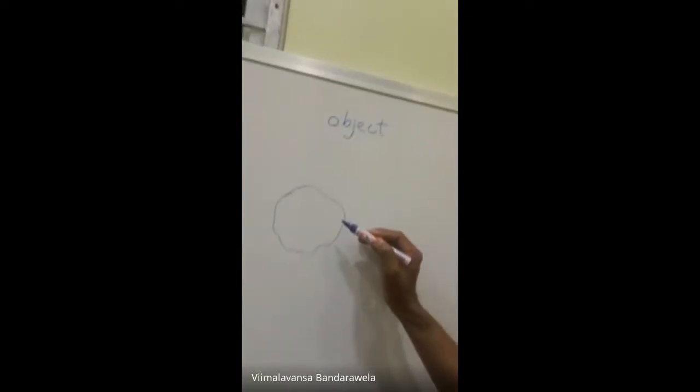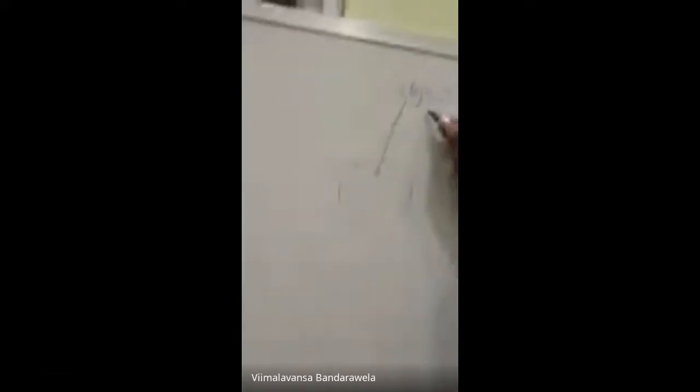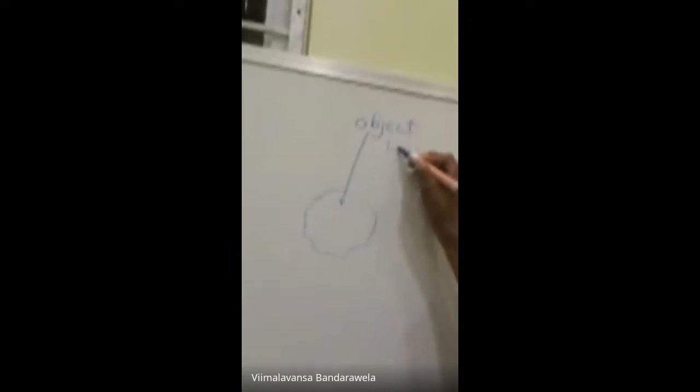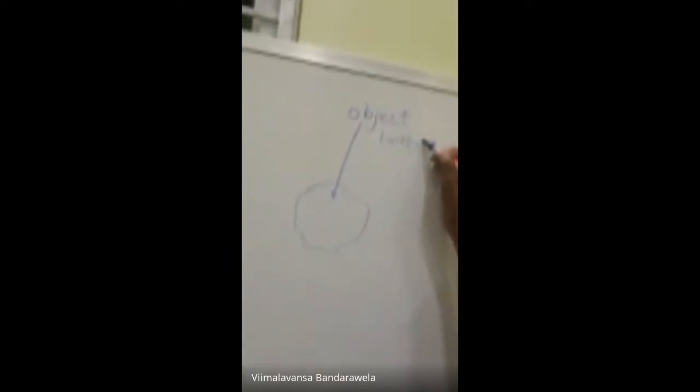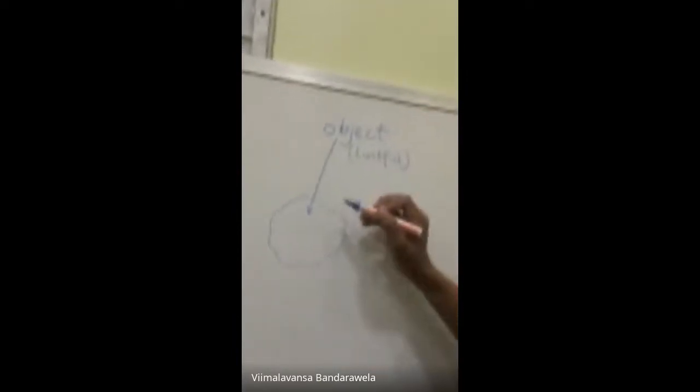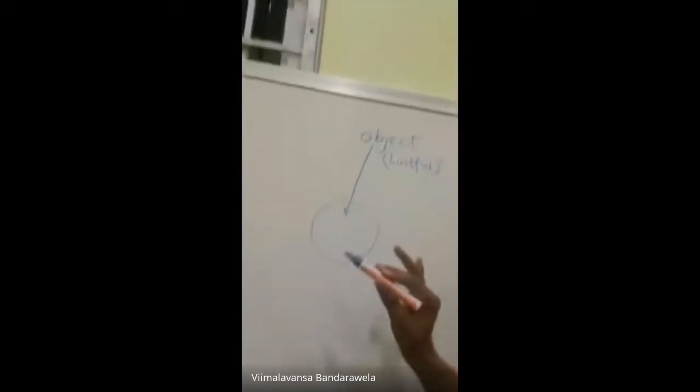You want to see this from the meditation, right? For example, this is the object. Now, you know, this object is a lustful object. For example, one beautiful something, right?